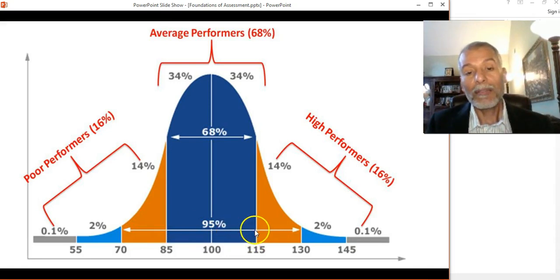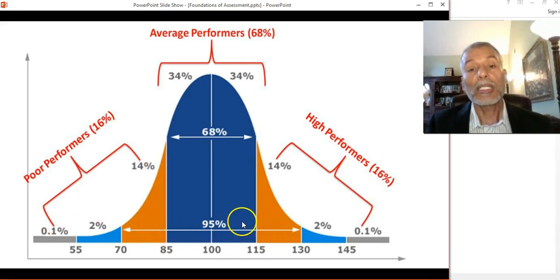And then from 100 to 115, the upper end of average, and from that, it is called above average. Anything that goes above here, you can call above average. Anything that goes below 85, you can call below average.